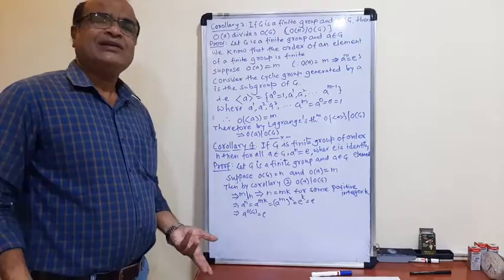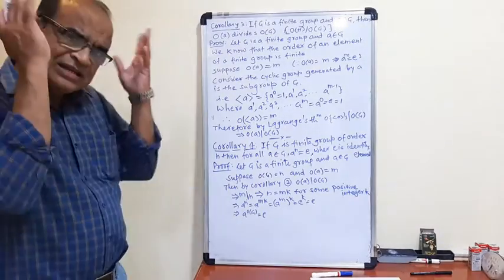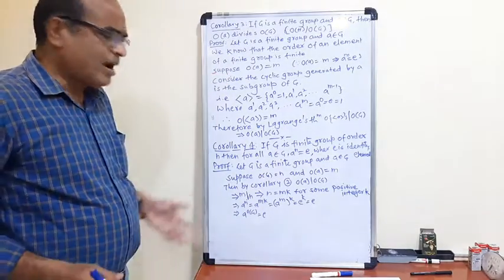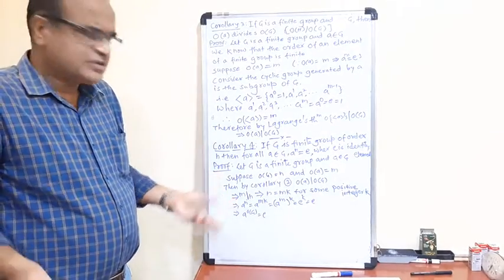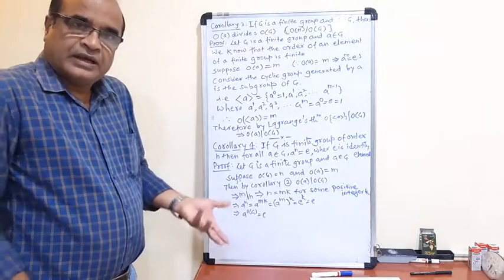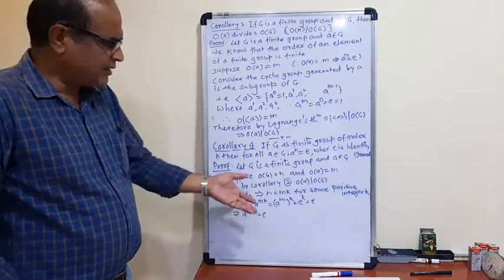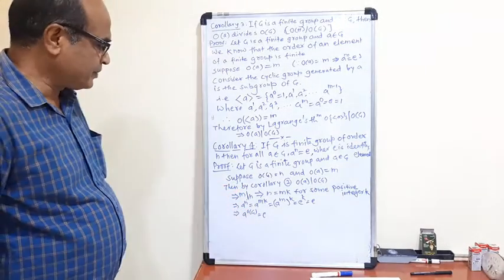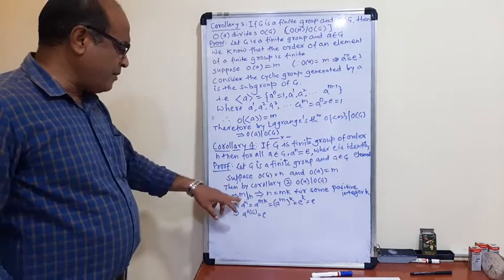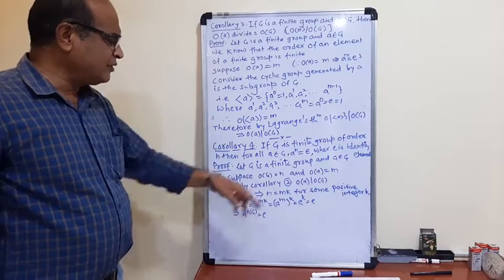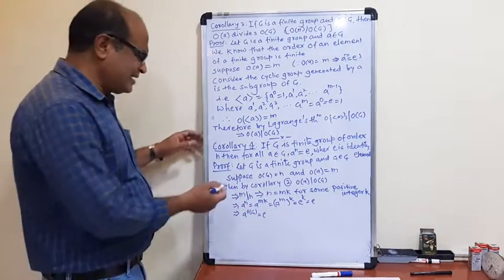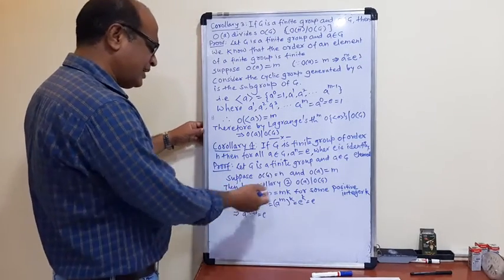This is from the division algorithm, taking the definition, where the remainder r is equal to 0. So if m divides n, then n is equal to mk. This is very simple. How can we write this?